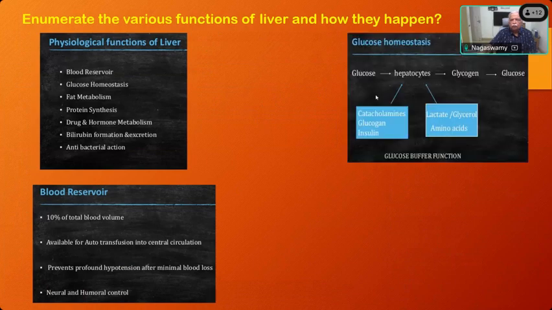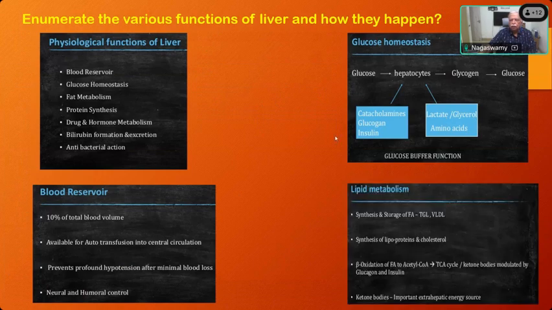Now coming to glucose homeostasis, all of you know that glucose goes to the hepatocytes, and catecholamines and glucagon or insulin are the important hormones, and it is converted to lactate, glycerol, amino acids, and it is utilized or stored as glycogen in the liver.